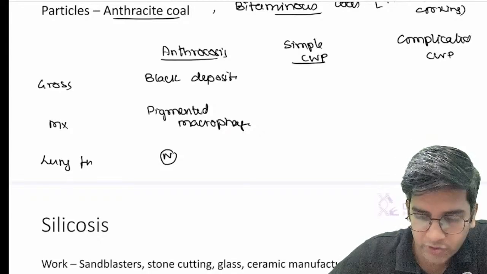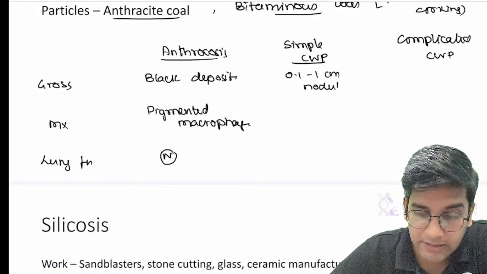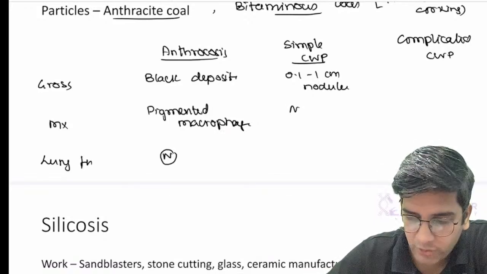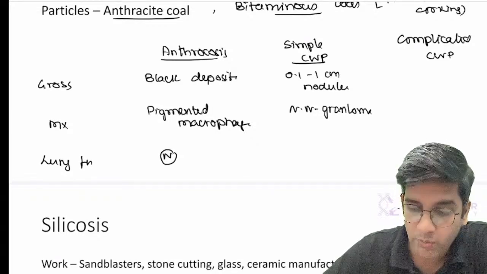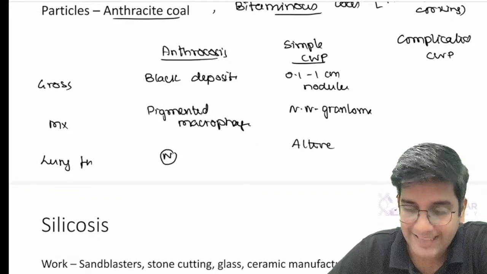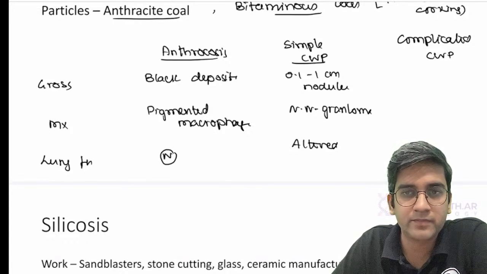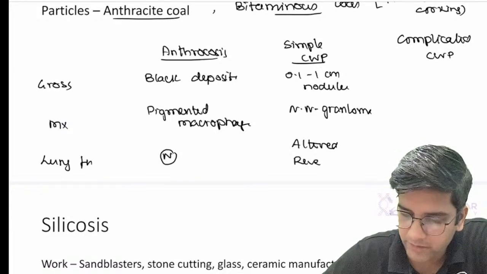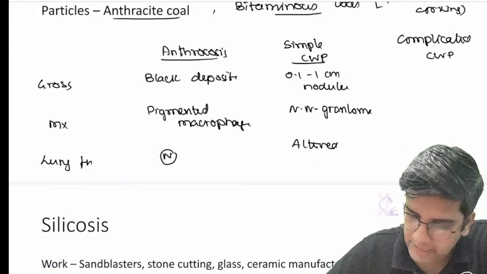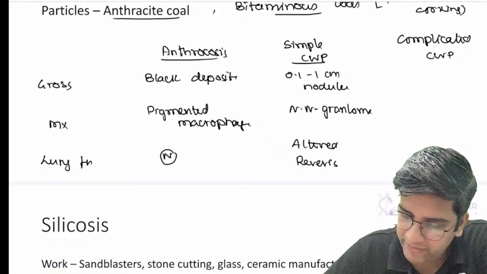Simple coal workers pneumoconiosis, 0.1 to 1 centimeter nodule. There's no fibrosis here, but you'll definitely have non-necrotizing granuloma. So lung function will be altered. It's granuloma, reversible or irreversible? Anyone? It is definitely reversible, because granuloma formation is definitely reversible.